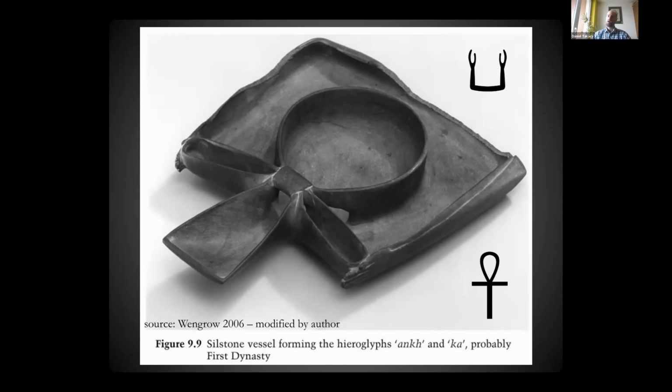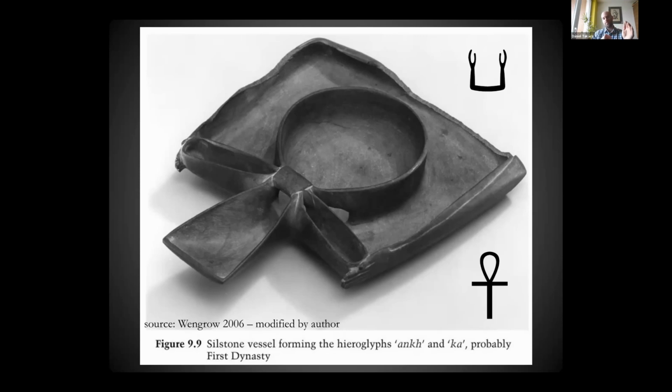The Ka arms basically represent a type of life force that is transferred by a hug, an embrace. And this embrace is the reason why it's depicted in a hieroglyphic form in a sign of these two arms, which are embracing the Ankh sign here.